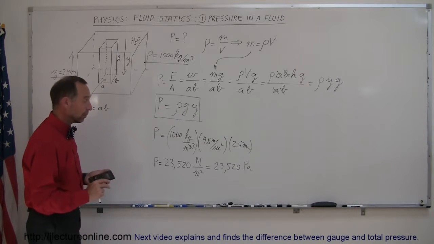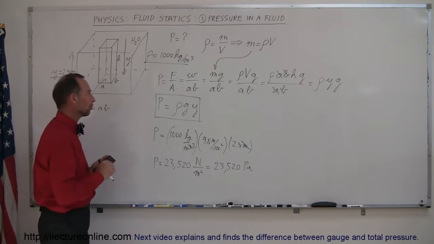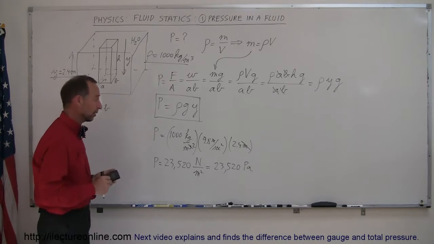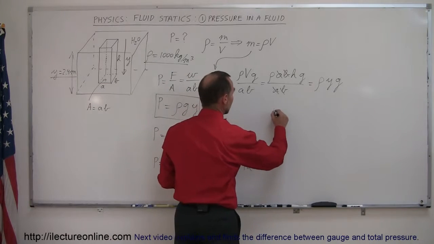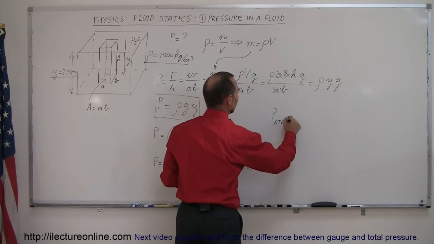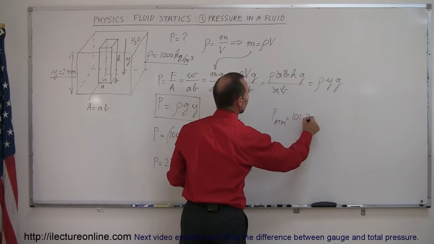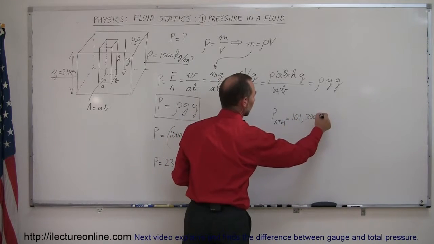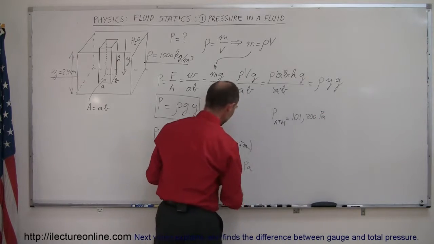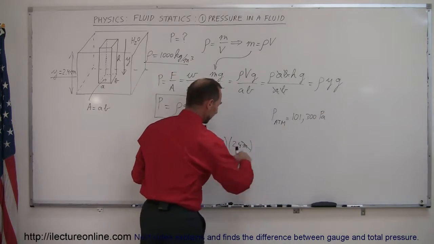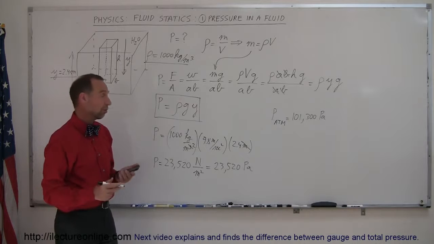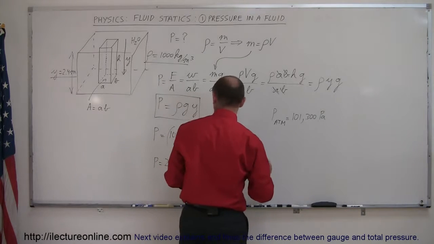Now, how much pressure is that? Looks like a big number. But if we compare that to atmospheric pressure, which is the pressure caused by the atmosphere, which is known to be P atmosphere equal to 101,300 newtons per square meter or pascals, then you can see that this is just a little bit less than 25%. So let's figure out what fraction of atmospheric pressure it is.